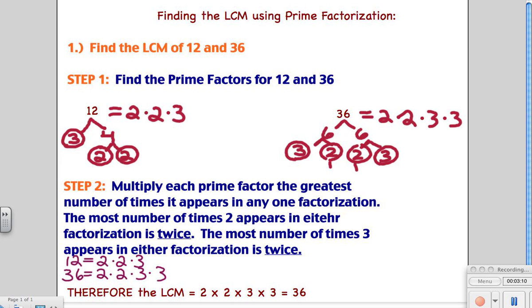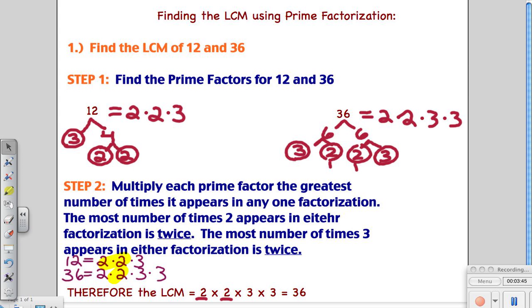The 2 appears in either prime factorization twice. It appears in the 12 twice, and it appears in the 36 twice. So I write 2 times 2 because the greatest number of times it appears is 2 times.